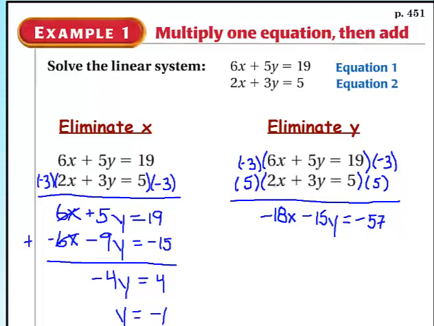Doing the second equation, distributing the 5 times 2x is 10x. 5 times positive 3y is positive 15y. There's my opposite coefficient, just what I wanted. And on the right side, 5 times 5 is 25.